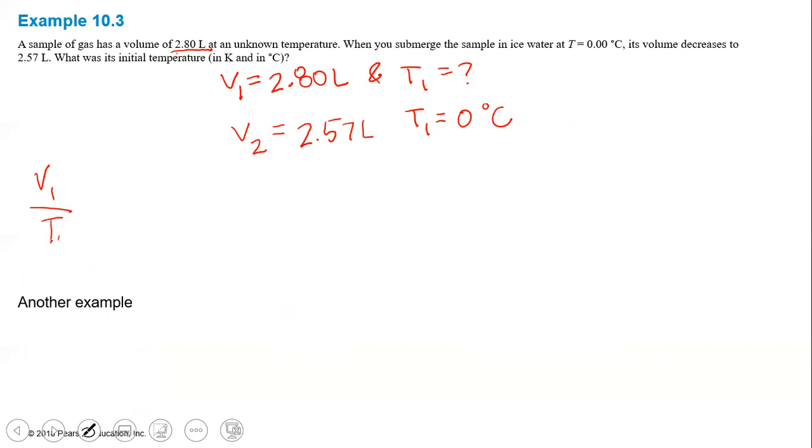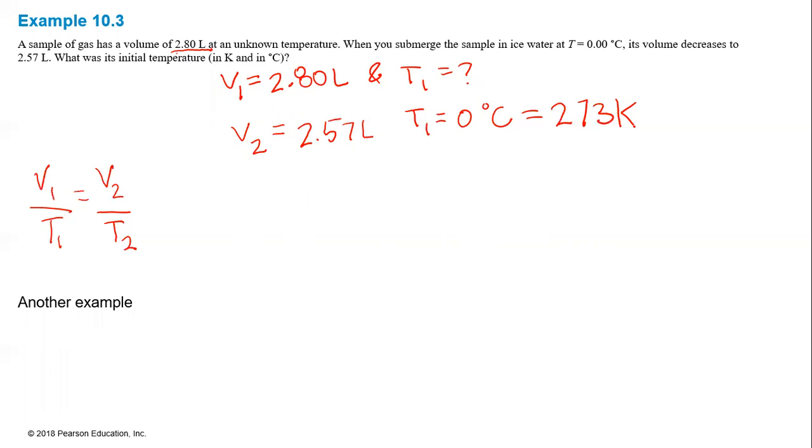So V1 over T1 equals V2 over T2. Remember that temperature must be in Kelvin or you will get the wrong answer. So since T2 is just 0 degrees C, that's 273 K, and I'm looking for T1.